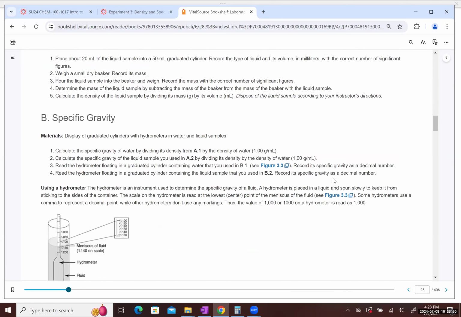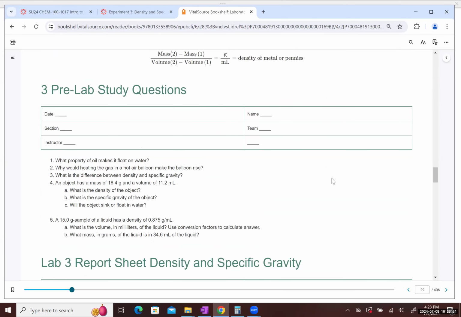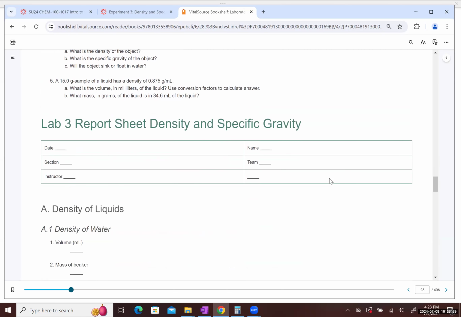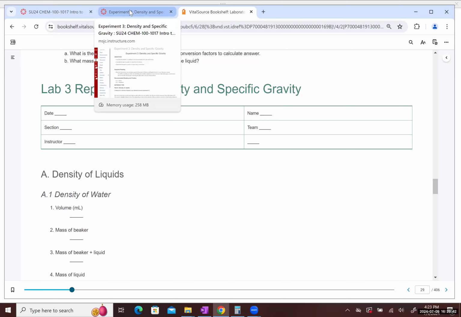And finally, if you scroll all the way down, you'll see the pre-lab study questions, which we'll be skipping, and the report sheet. So we're going to be filling in this Lab 3 report sheet using the data found on the Experiment 3 page.